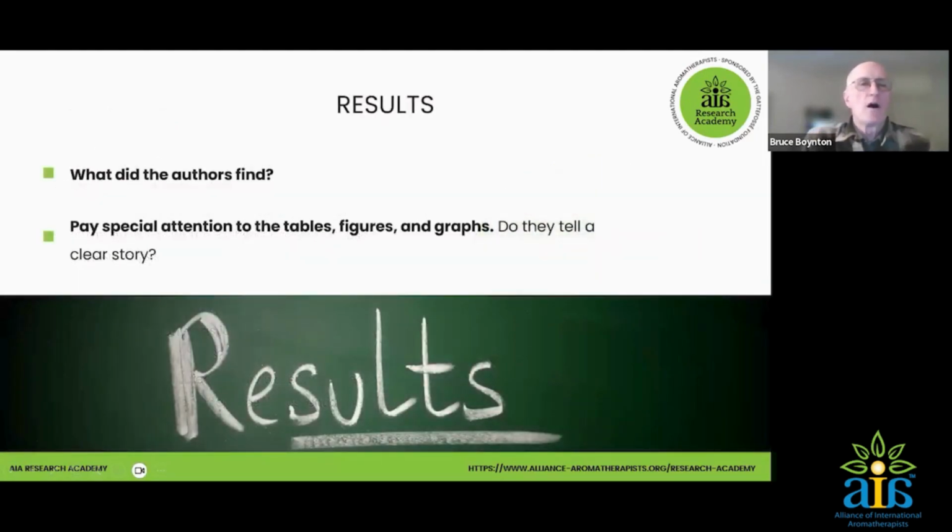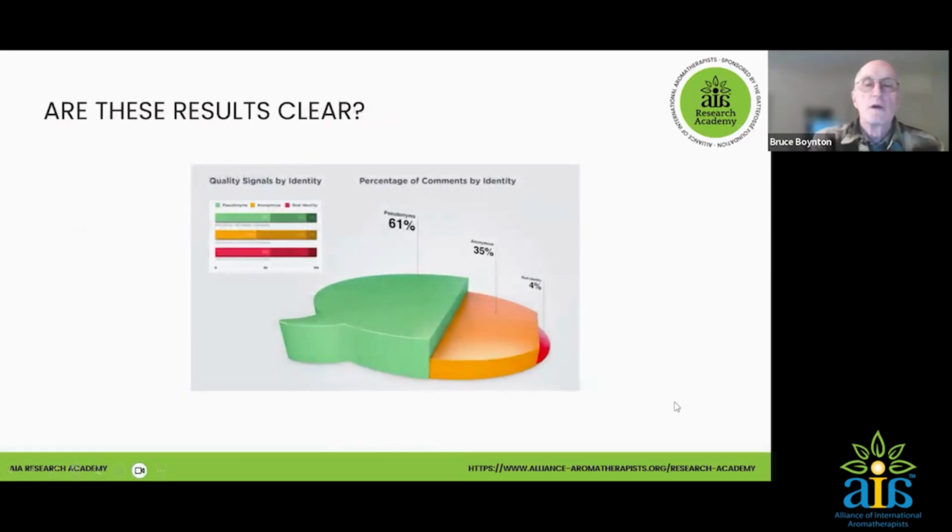Results. What did the authors find? Now, pay special attention to tables, figures, and graphs. And do those tables, figures, and graphs tell a clear story? Here's an example. There are some people who like pie charts, and there are some people that don't.